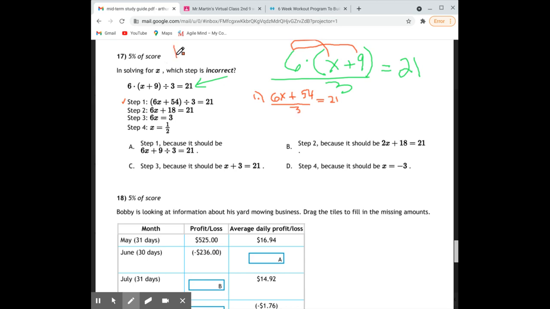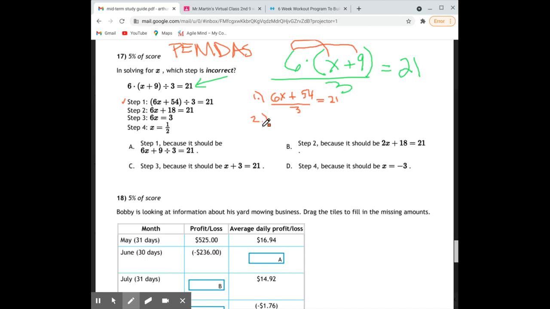All right. Now the next thing would be for us to do what? Remember, we're following the order of operations. Exponents. All right, and we don't have any exponents. We've already multiplied, so what's the next step if there's no more multiplication? Yeah, we got to divide. So we got to take 6x and divide by 3, and we got to take 54 and divide by 3. So what is 6x divided by 3?